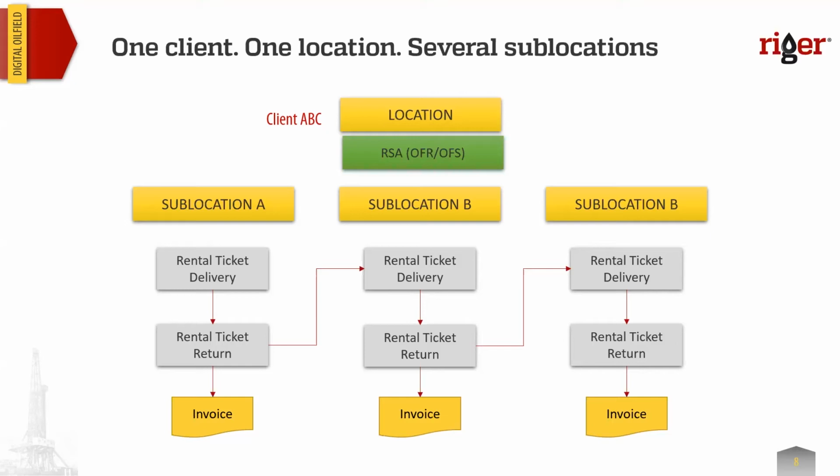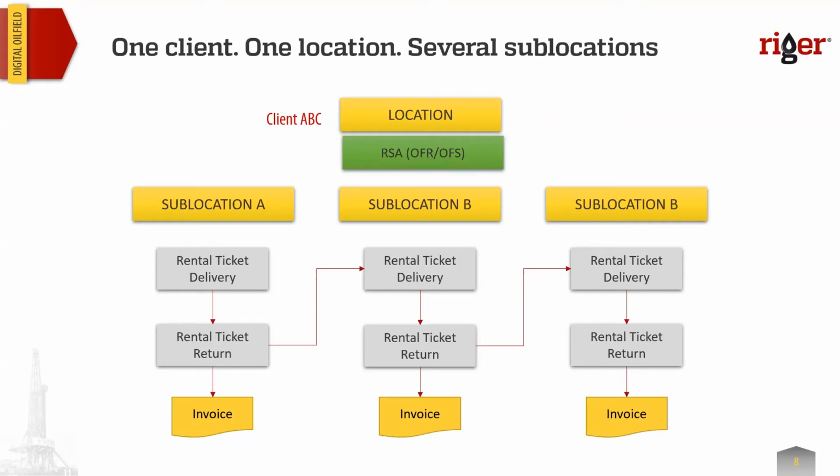Or another scenario may be a refinery plant, where on the refinery location we have multiple sub-locations, multiple sub-areas within the range of the refinery. In the RigER software we call these smaller locations sub-locations, or sometimes wells.